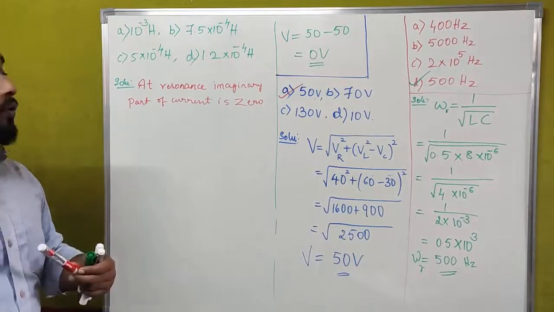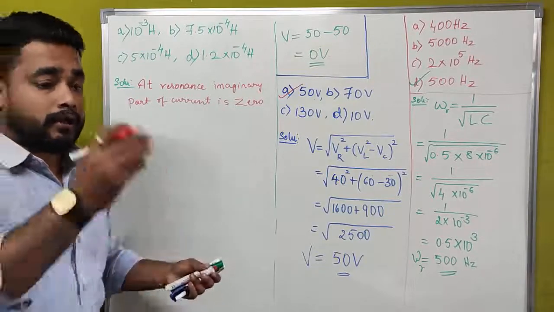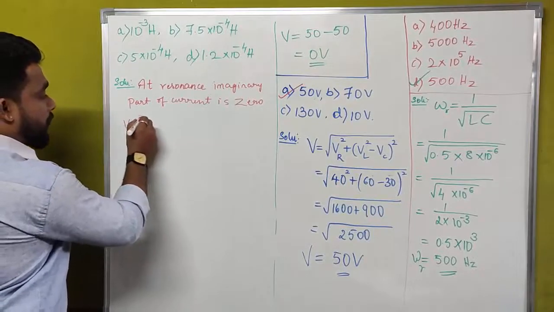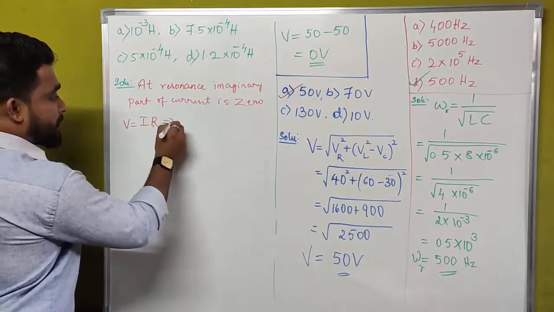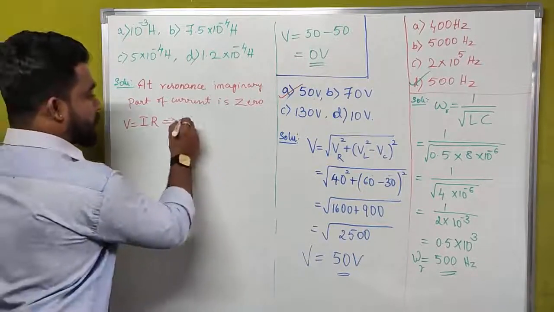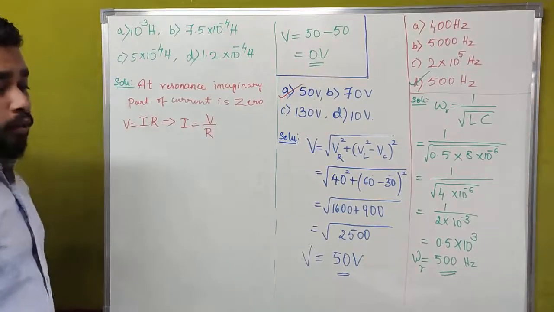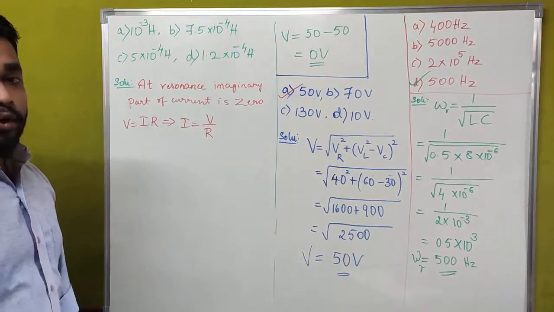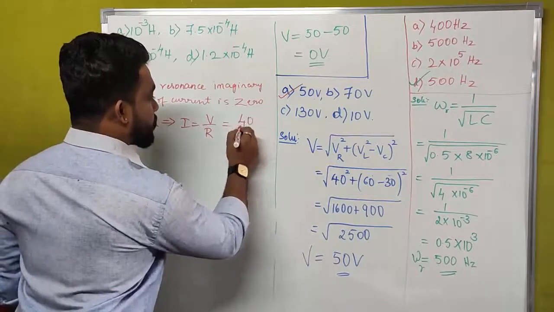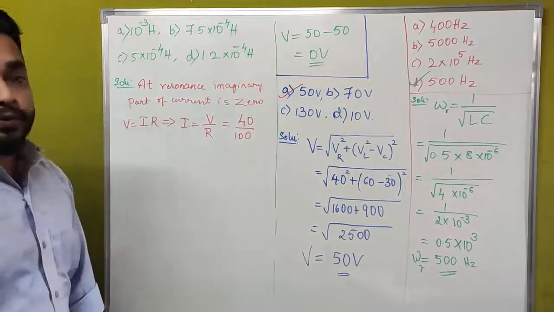So first we have to find the value of current, because we don't know it. For that we can use V is equal to I into R. We may modify this expression to I is equal to V divided by R. The voltage across the resistance is 40 volts, and the value of resistance is 100 ohms.